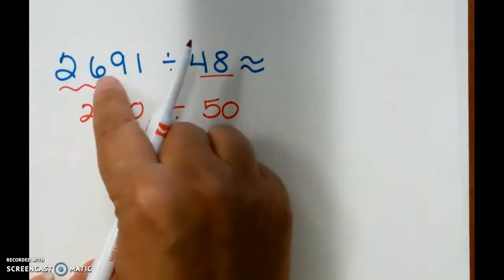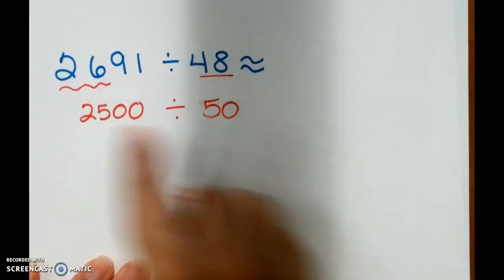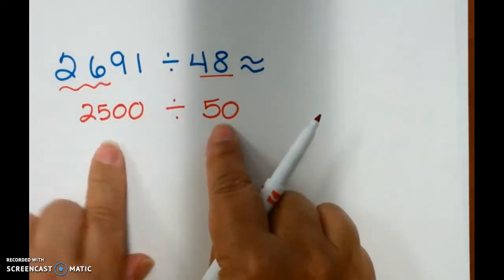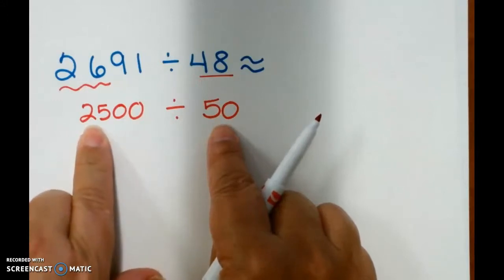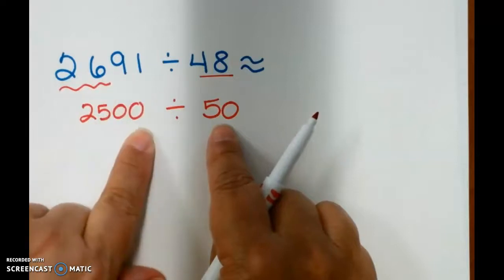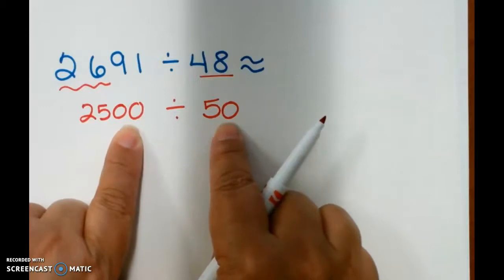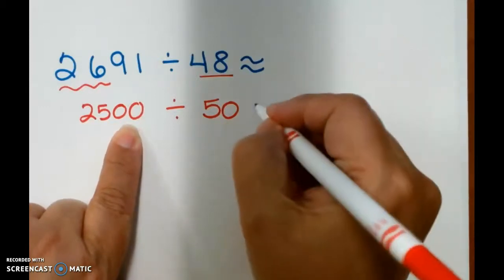So even though normally if I told you to round this to the hundreds place, I would tell you to round it to 2,700, but again, we're looking for a starting point for our division. So I'm going to round 2,691 to 2,500, and then I'm going to divide that by 50.